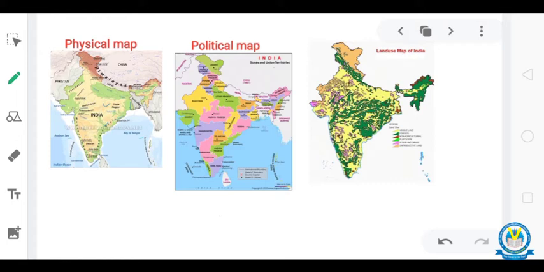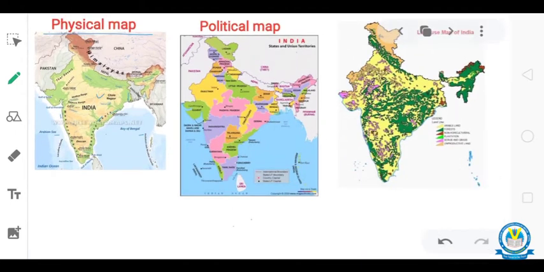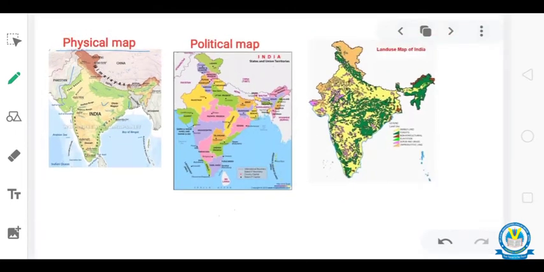The main theme of the map is showing any one of these properties. Here, this physical map shows physical properties of a particular country, and this map shows political properties of this particular land.